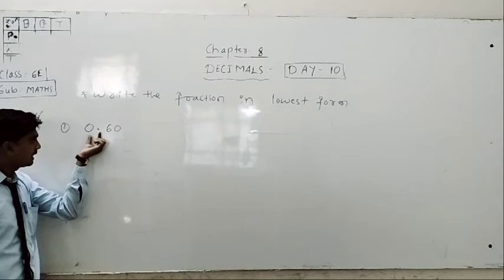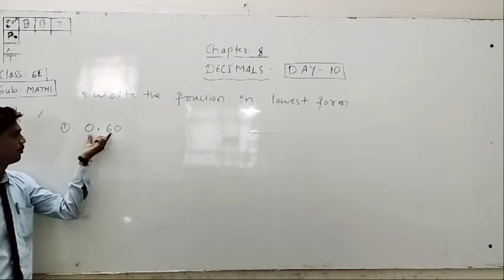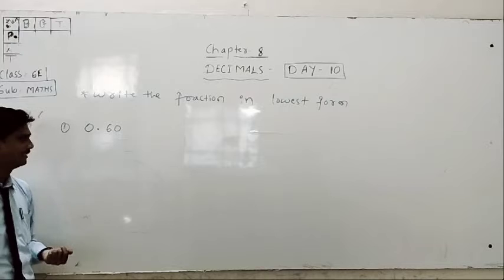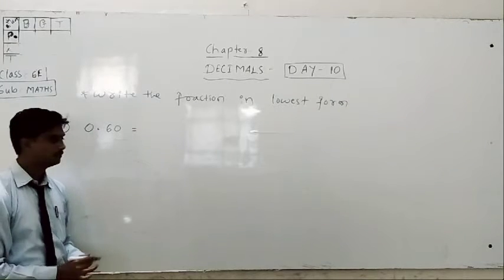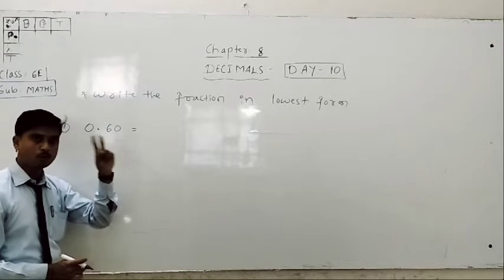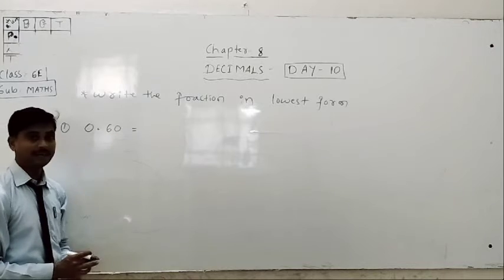First of all, this one you should convert into a fraction. They give a decimal; you should convert it into a fraction. It is very easy. Look here. After the point, how many numbers are there? Two numbers. Then tenths and hundredths last.